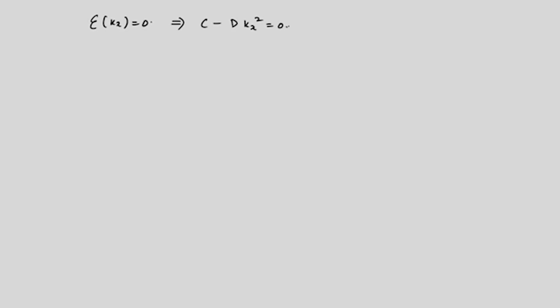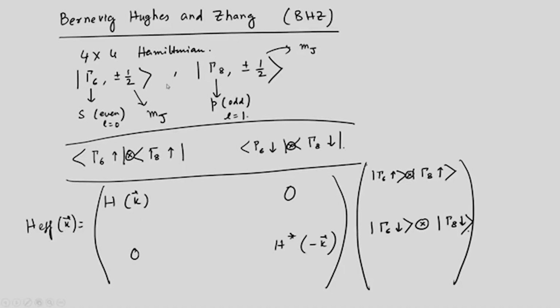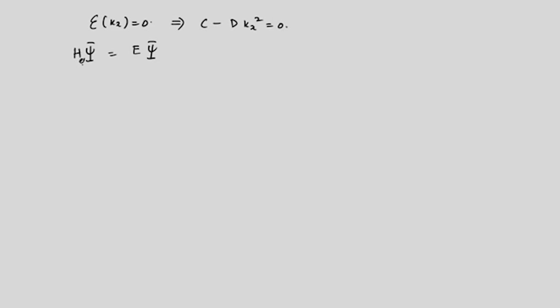In this condition, let us write down the Schrodinger equation, which is h psi equal to E psi, with h as this Hamiltonian that you see, or h effective, so to say. This is that effective Hamiltonian.